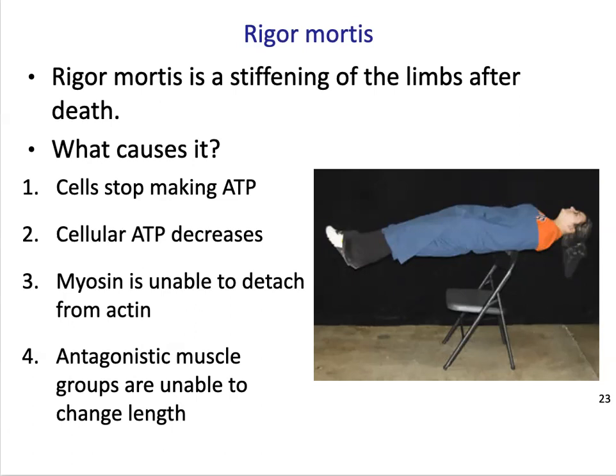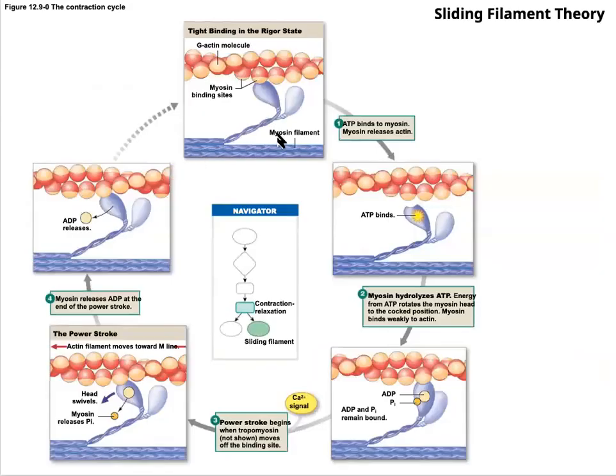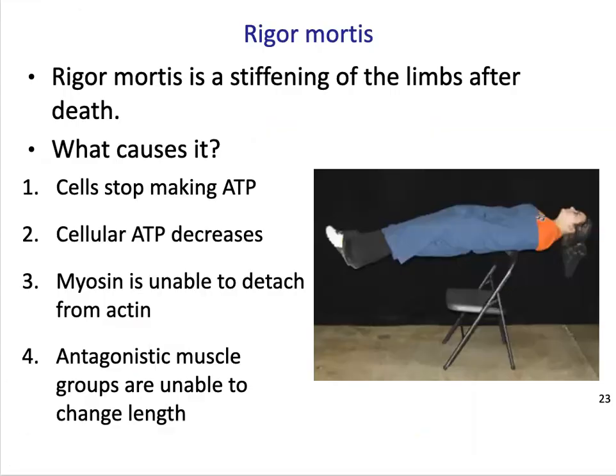Okay, and so with the level of ATP dropping in the cells, the myosin is no longer able to detach itself from actin. Okay, because without ATP binding, myosin will just remain bound to actin. And so what results is that antagonistic muscles, for example, biceps brachii and triceps brachii, are no longer able to change length, and so the body remains in this stiff position.